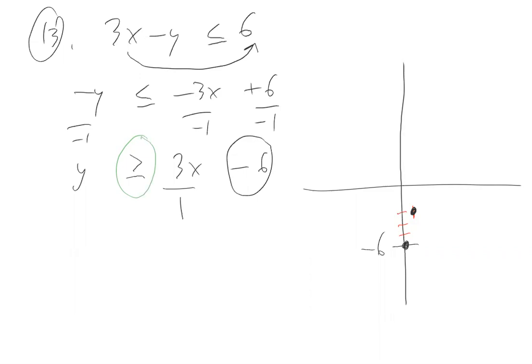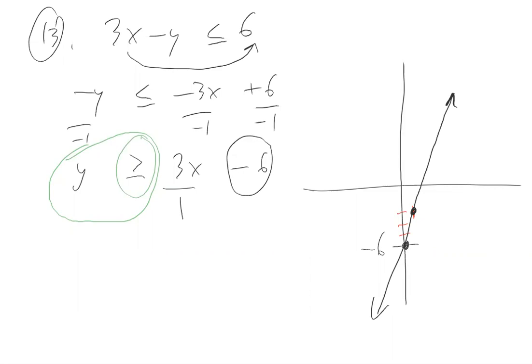So we're going to draw a solid line going through those points like that. Now that's only part of the answer because we're not just drawing a line, we're also graphing an inequality. So we have to look at the direction of the inequality. Well, it says y is greater than or equal to that line. So greater than means up, right?